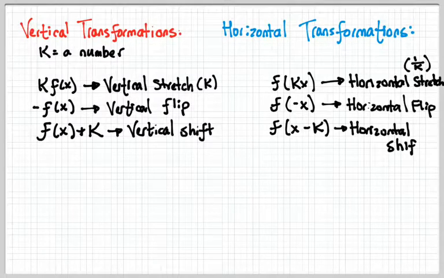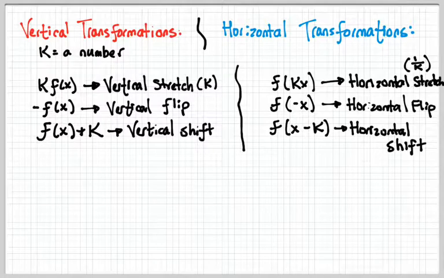So these are the 3 different ways to transform something horizontally, and 3 different ways to transform something vertically. Now, there's something going on between both forms, and I want to see if you can recognize it. If you look at the vertical transformation, look where k is. k is always on the outside of the argument, so you can think of it as outside of the parentheses.